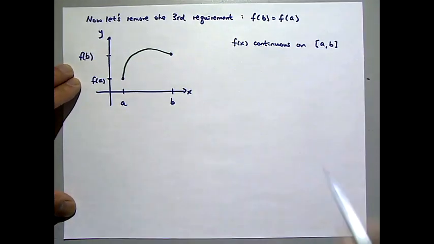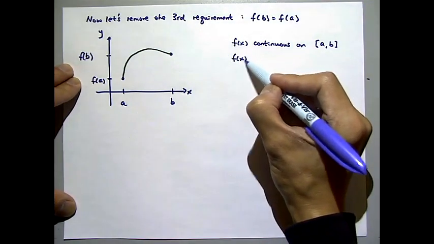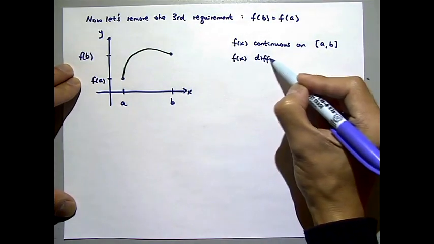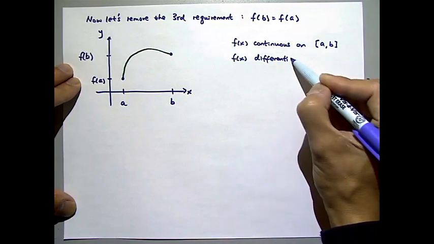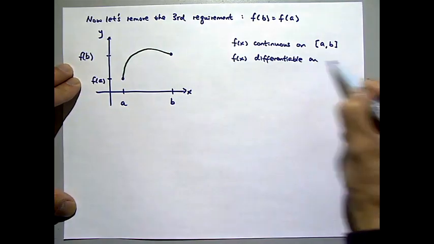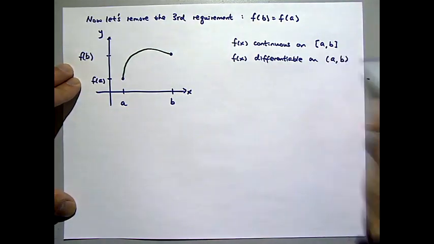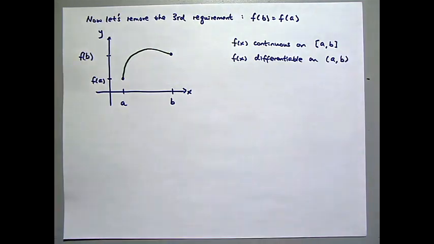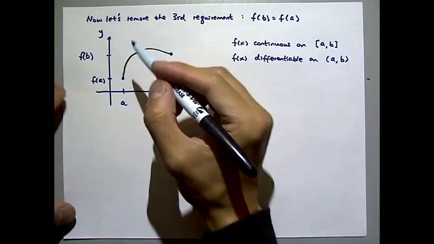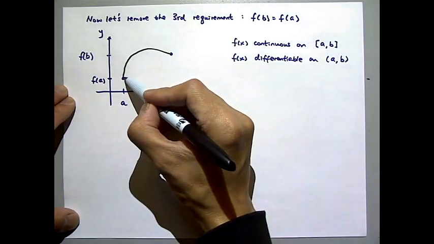Still continuous, still differentiable. Okay, now look at the slope of the secant line between the two endpoints.